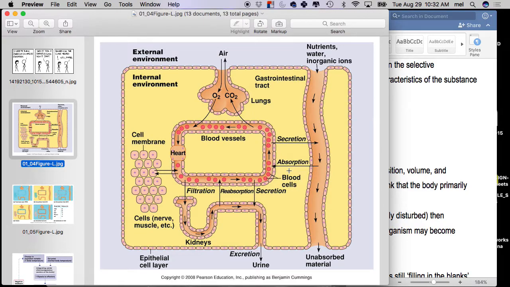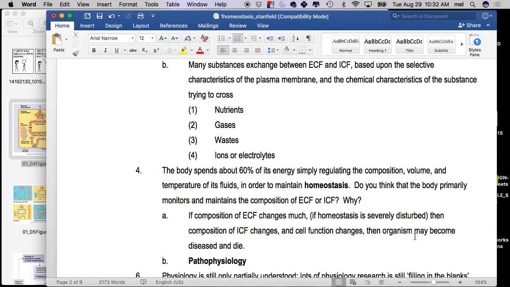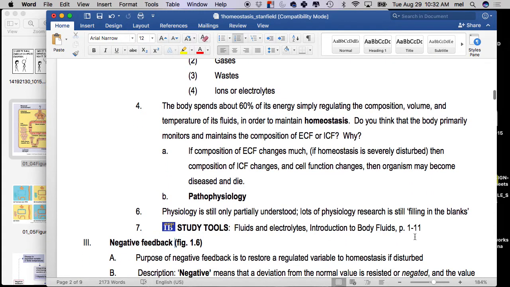And then hopefully I can elicit a sweat response before I actually change the temperature of my brain cells. Does that make sense? Okay, so what you are primarily going to work on is the ECF to protect the ICF, right? If the composition of the ECF changes massively and you don't catch it, then you'll affect ICF function, and then you'll affect how the cells are actually functioning.